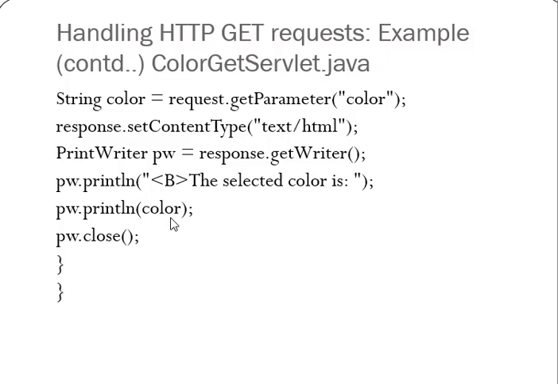The request will come to the server. In the server, we check which color has been clicked, and then we just display that particular color. That will be sent back from server to client. So this is an example of how from a servlet we can read the parameters and send some data back to the client.